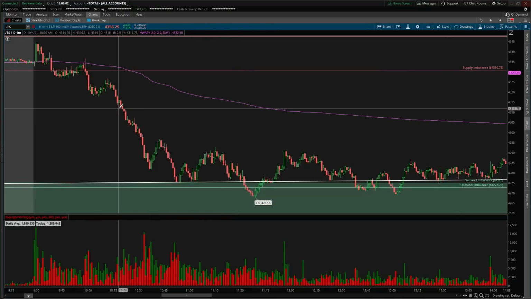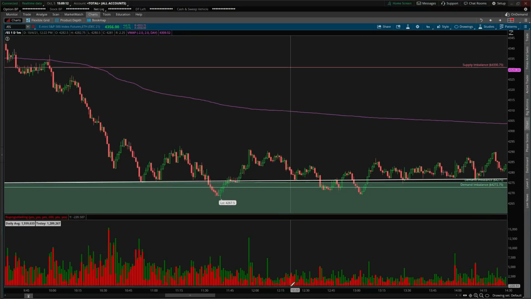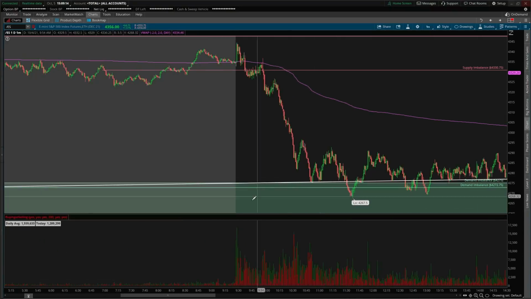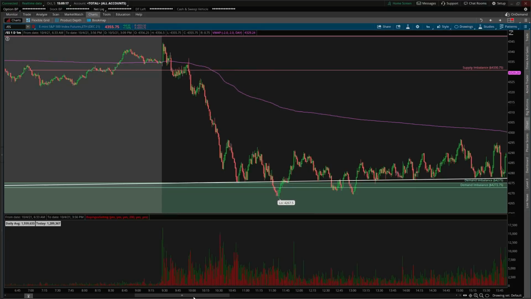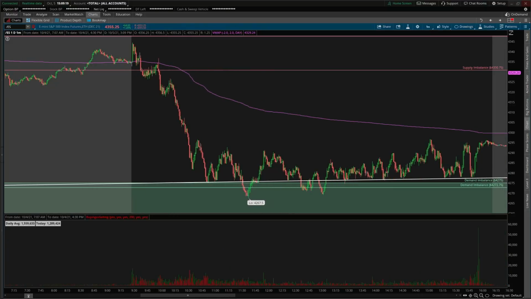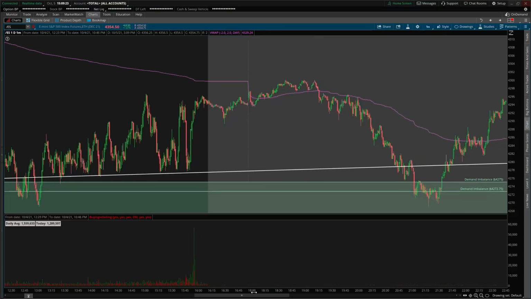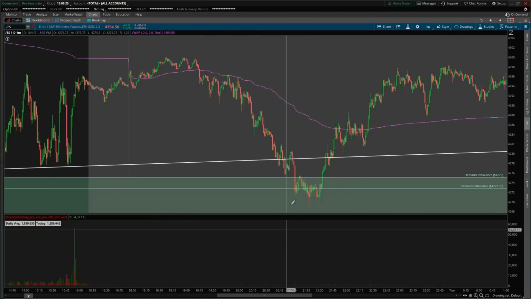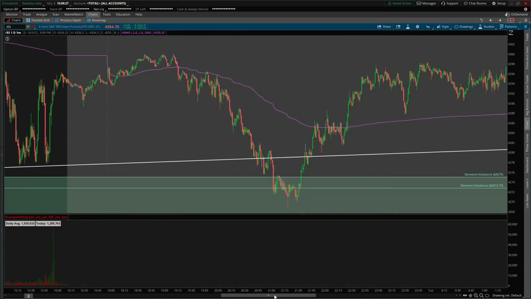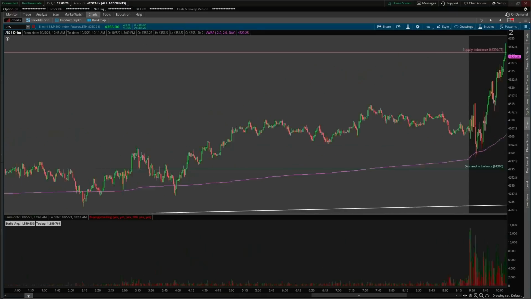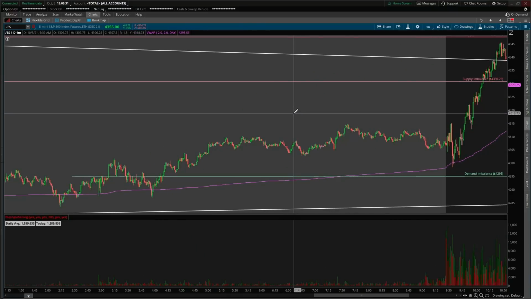Now, we did have a bunch of demand higher, and this all got invalidated from those aggressive sellers and those weak buyers. But this 4275, 4272 demand zone is a very key area that I want buyers to defend, I want buyers to hold, and I want them to show effort in moving higher. So overnight we bounced at it, the buyers stepped in the middle of the night and brought us up, and then we created demand on the way up prior to the open, and then the market opened up.